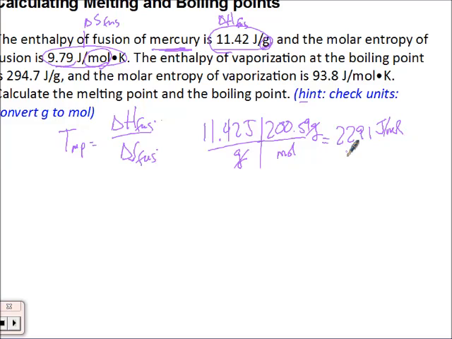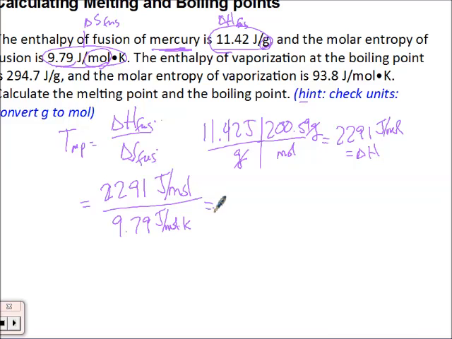So this is going to be delta H. So now I'm going to put these numbers in. 2,291 joules per mole divided by 9.79 joules per mole K, and I get a temperature of 234 Kelvin. And this is the point at which mercury melts.